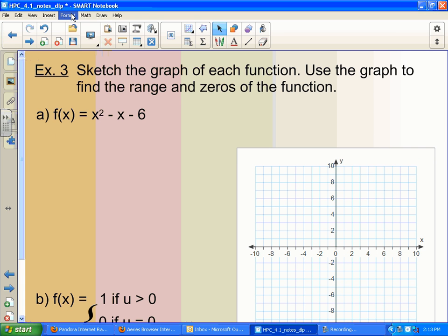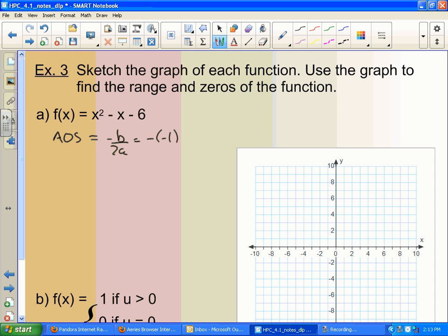Graphing the quadratic, we have standard form, so we want to find the axis of symmetry first. Negative b over 2a: negative of negative 1 over 2, 1 half. Then we plug in f of 1 half to find the y.